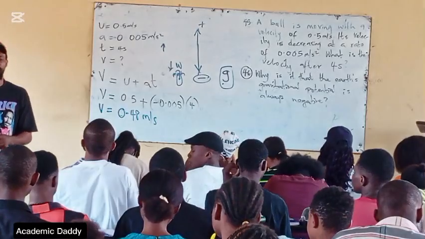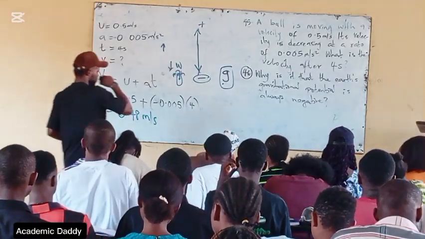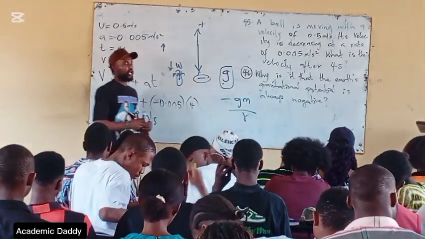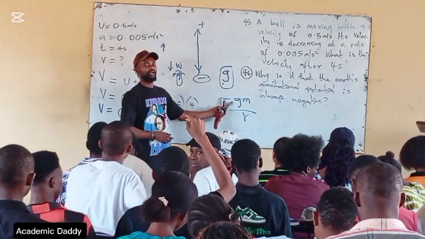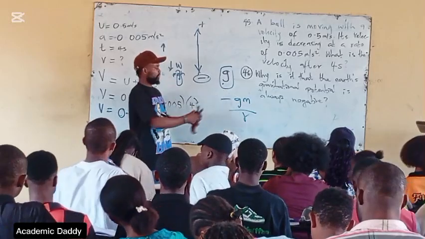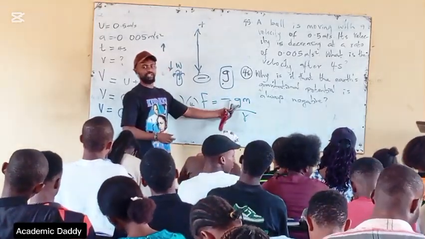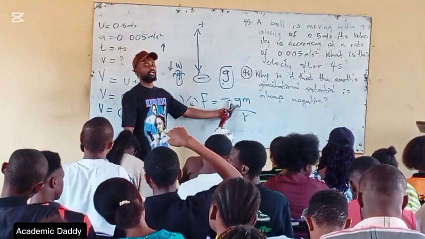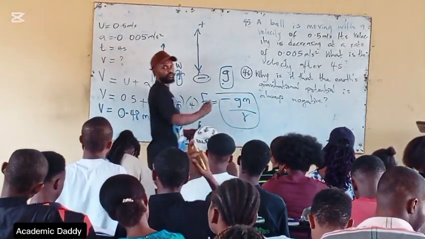Okay, so what formula did you find? Minus GM all over r. Notice that what you're doing here, forget that definition, you picked this from somewhere.